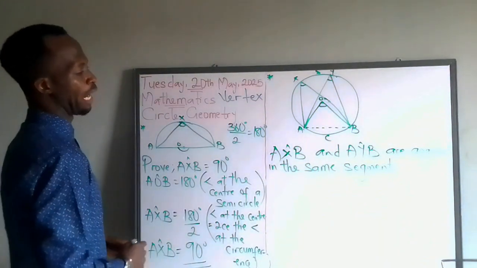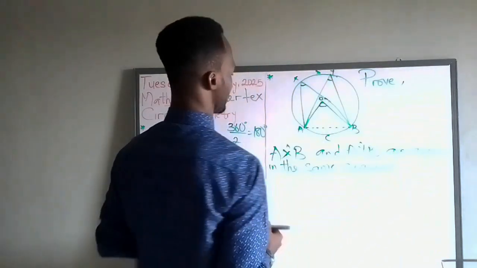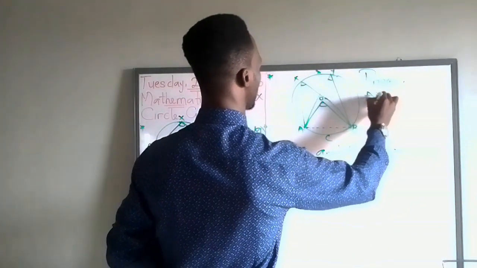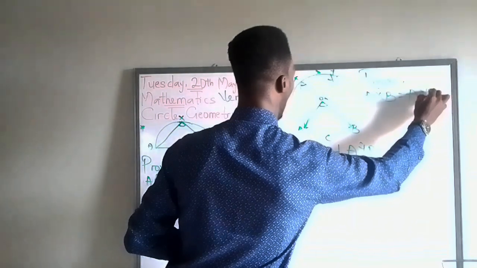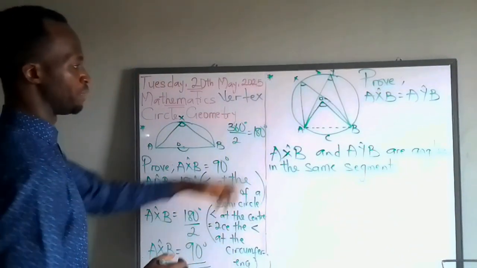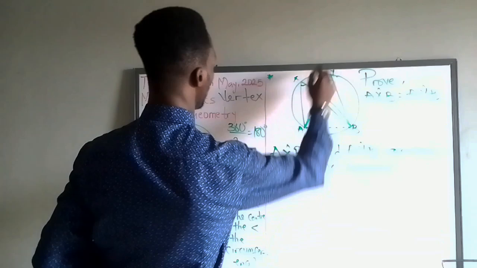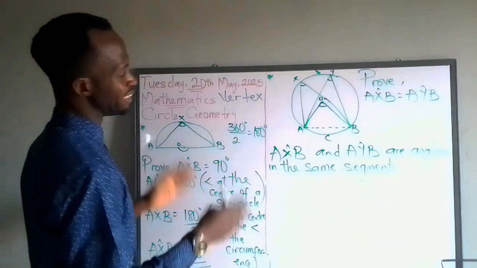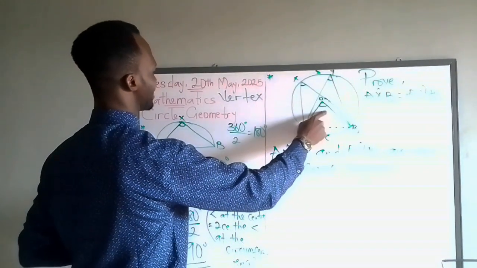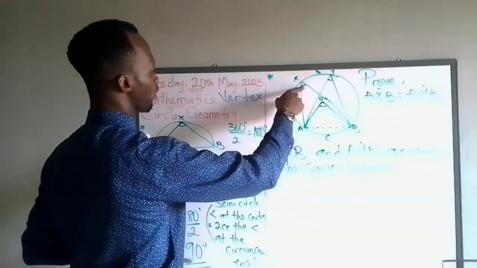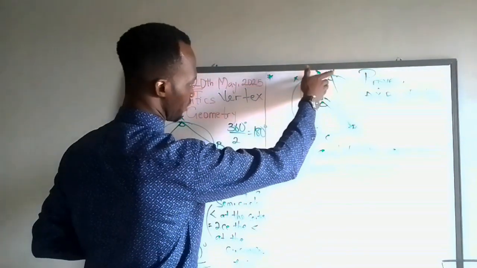So how then can we prove? We want to prove that angle AXB is equal to angle AYB, and both of them are in the same segment. From what we have done before, the angle at the center is twice the angle at the circumference.